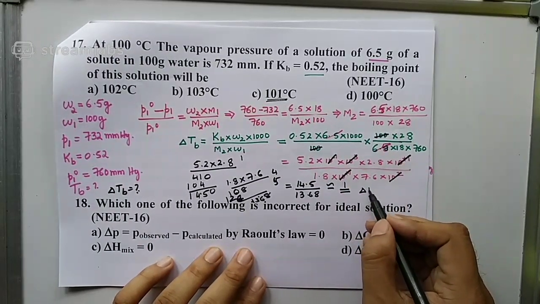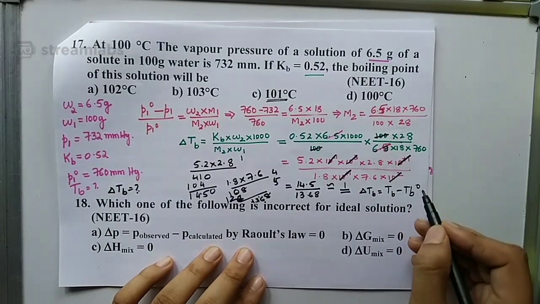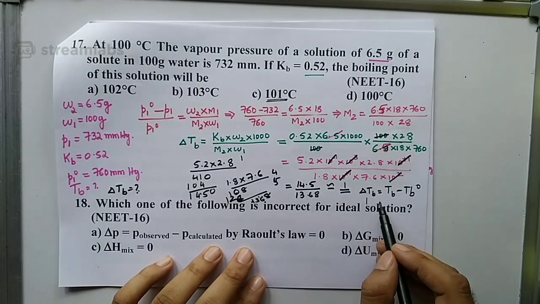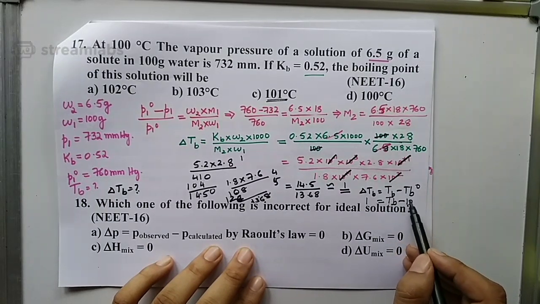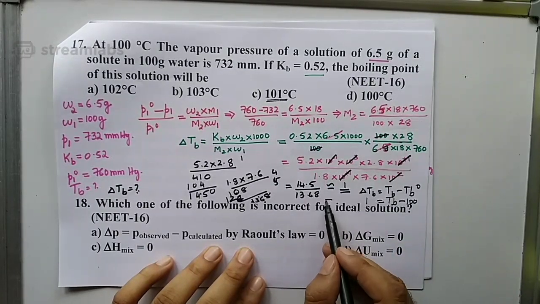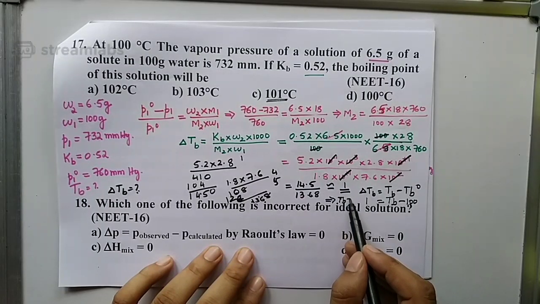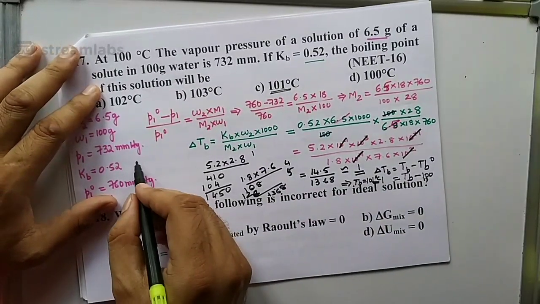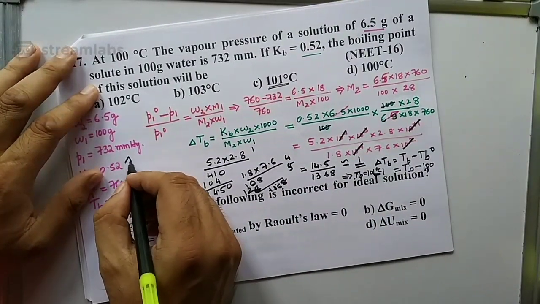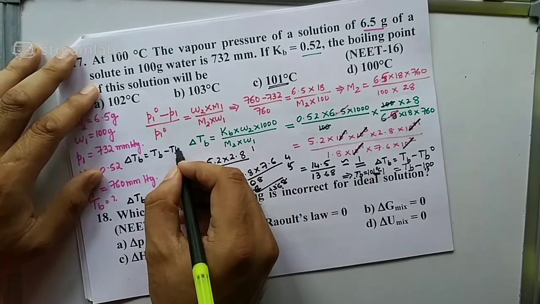So delta TB is equal to TB minus TB naught.